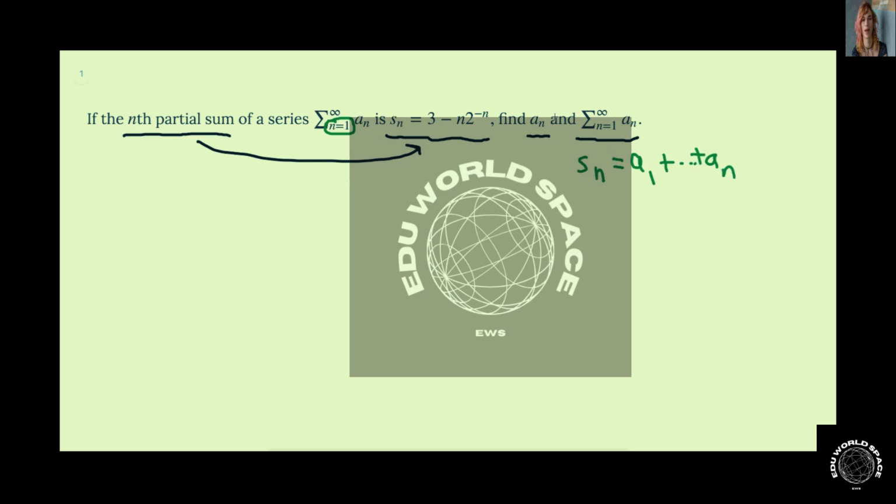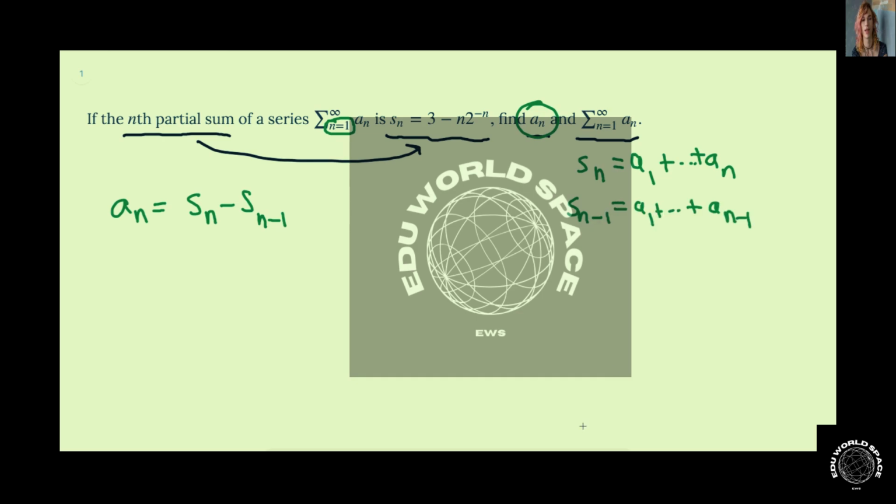Now, on one hand, we'd like to find this a_n here. One way to solve for a_n is to notice that a_n is equal to S_n minus S_{n-1}. To see this, we know what S_n equals and what S_{n-1} equals.